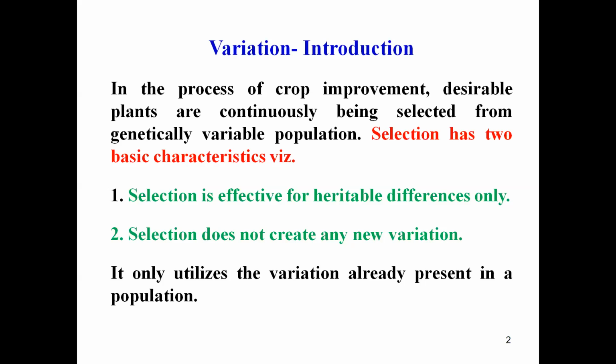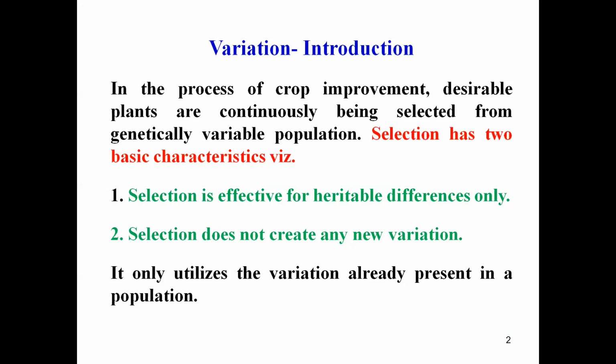Suppose a breeder makes selection and the effect of selection does not appear in the next generation. It means that selection is not effective. It is effective for heritable differences only. Second, selection does not create any new variation.